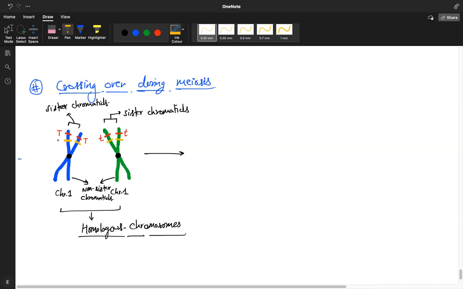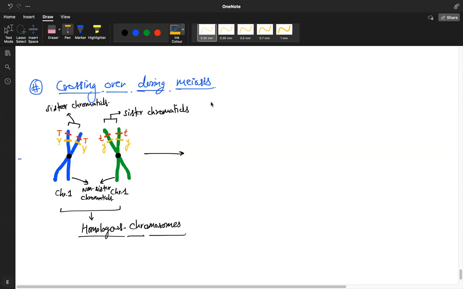Color of the seeds, round and yellow and green, right? So let's say this contains capital Y for yellow. For green, what should I write? Small y. We will not write G. It will be small y.